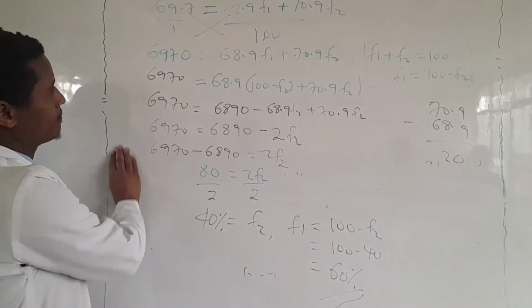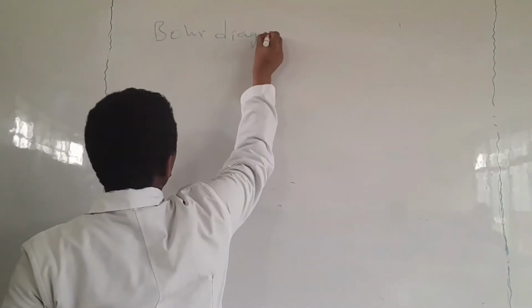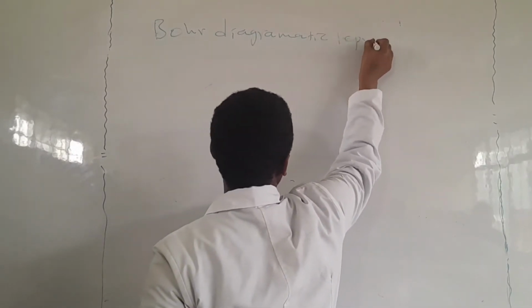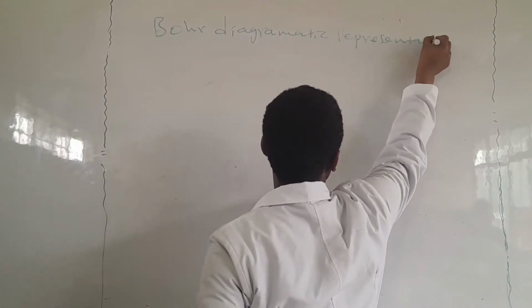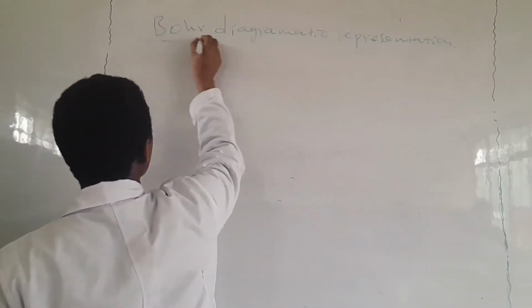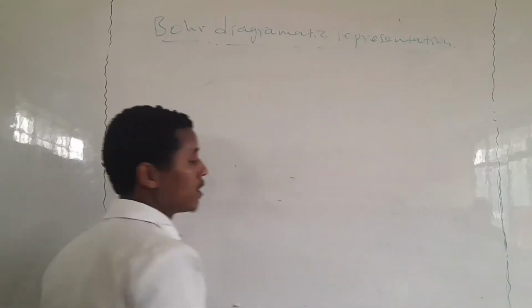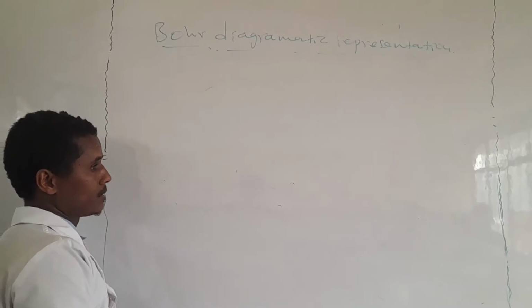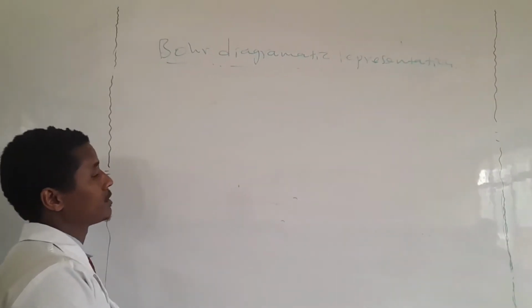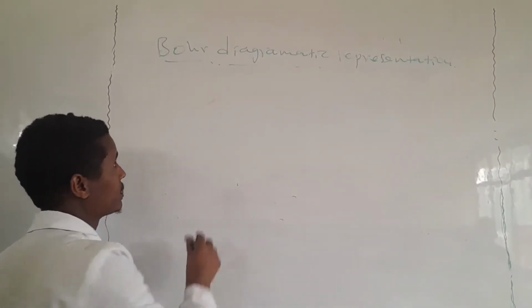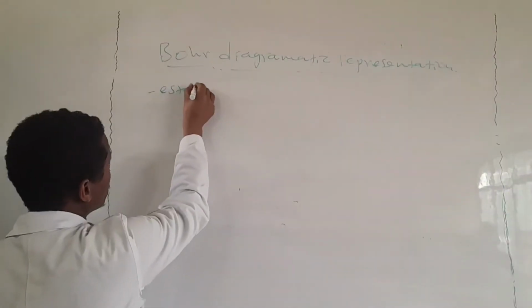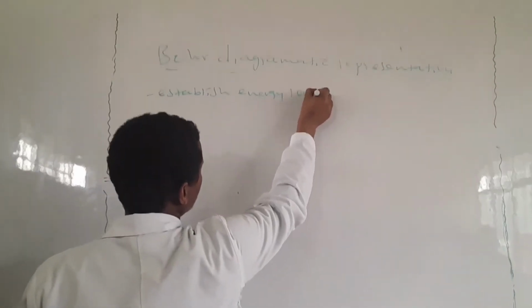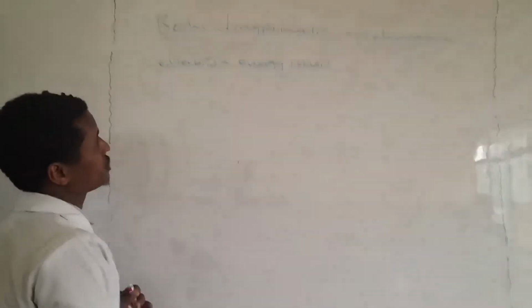Second, let us see a diagrammatic representation. Bohr, which is a scientist, designed or established energy levels, or main shells.